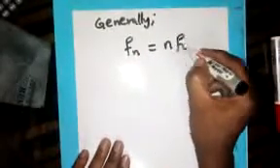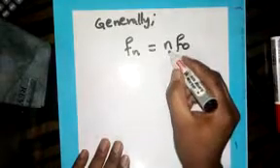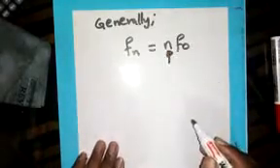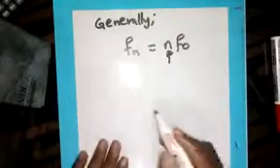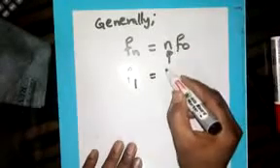We have seen that for the harmonics, generally we have the general formula as follows. Harmonics Fn is the same as n times F0. This is the general formula, where n is the number of the vibration mode. For example, if n is the first mode, that means 1, it will be 1 times F0, which is equal to F0.